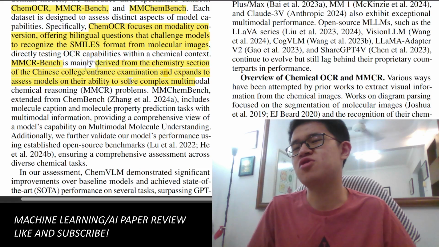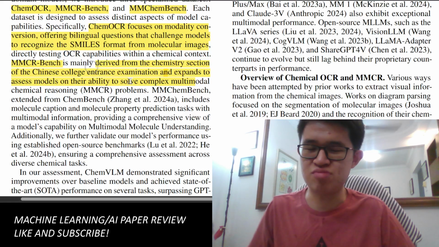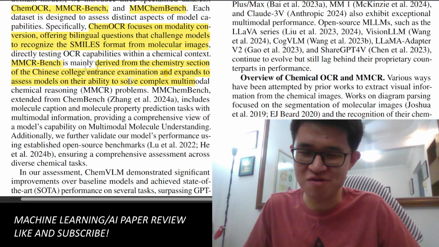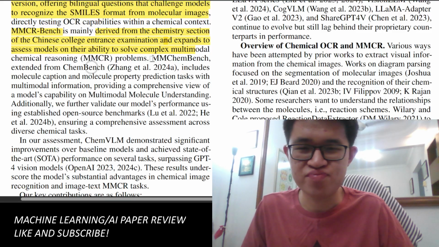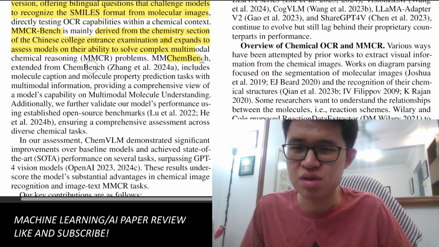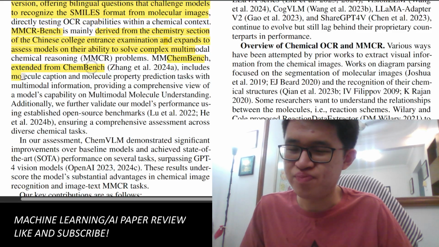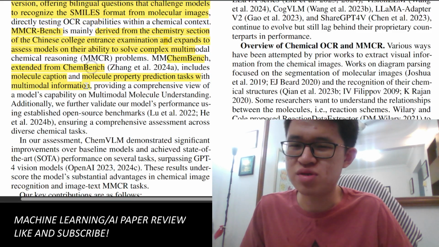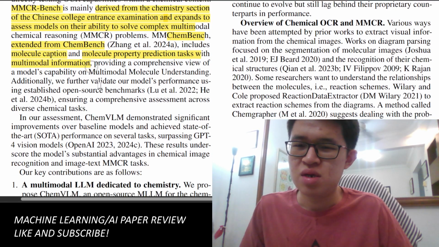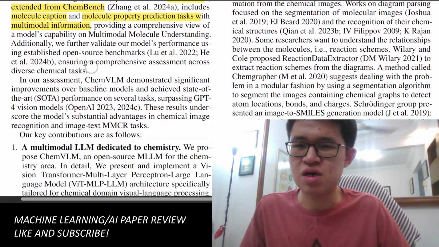So it's essentially Q&A, but you take a picture of the question. Next, ChemBench is extended from the original ChemBench. It's multimodal, and includes molecule caption and molecular property prediction tasks with the images given. So those are the three tasks.